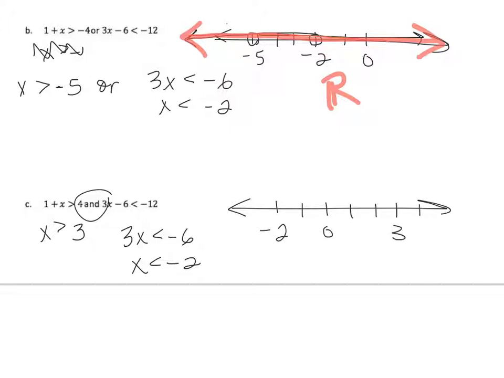Open dot at 3, shading to the right, open dot at -2, shading to the left. They don't actually overlap. That and statement says that I need both of them to be true, and neither one is. So it's actually an empty set. Awesome. That's all I have for today. Good job.